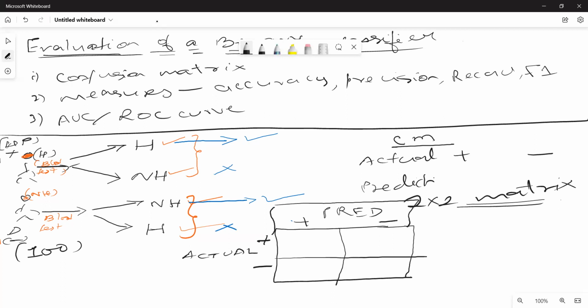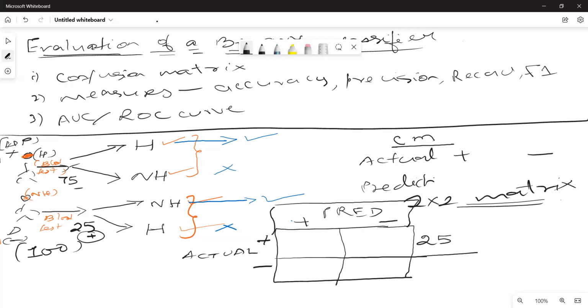Now in the actual positive, let us say this is 25. And how many healthy people are there? This is 75. So in my actual data, how many positive classes are there? Sorry, 25 positive classes because I'm predicting diabetes, so that becomes my positive class. And how many negative classes?